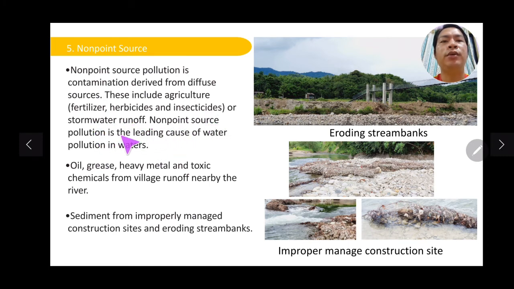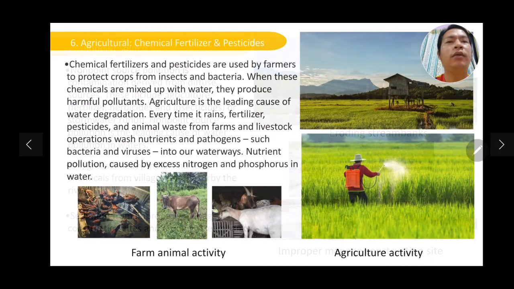Non-point source pollution is the leading cause of water pollution in waters, such as oil, grease, heavy metal, and toxic chemicals from village runoff nearby the river, and sediment from improperly managed construction sites and eroding stream banks. This picture shows eroding stream banks, and this picture also shows improperly managed construction sites.